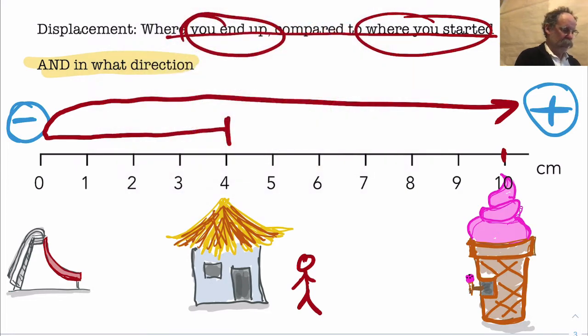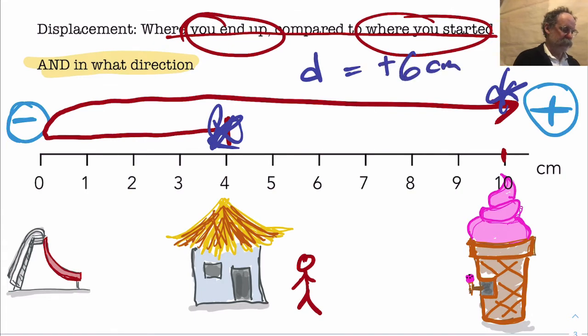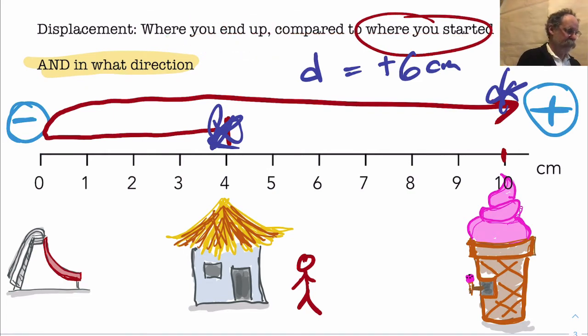Let's mark these things. Where did she end up? Here. Where did she start? Here. So, where did she end up? She ended up 6 meters away in the positive direction. The displacement is positive 6 centimeters. I said meters before, didn't I? Doesn't matter that she went to the playground. The displacement is just 6 centimeters.